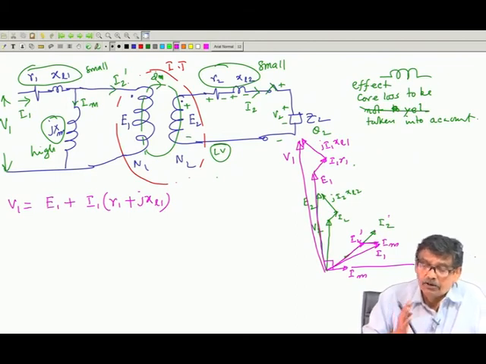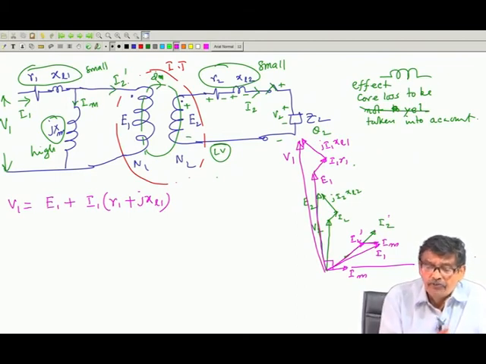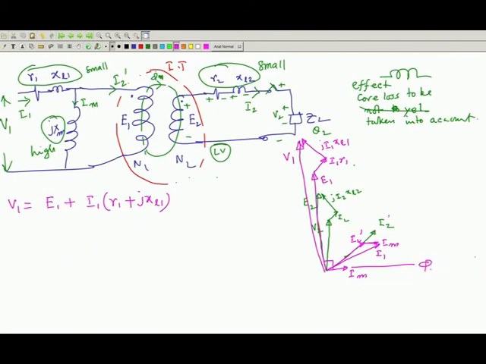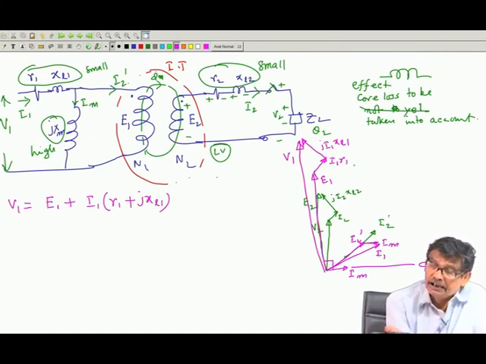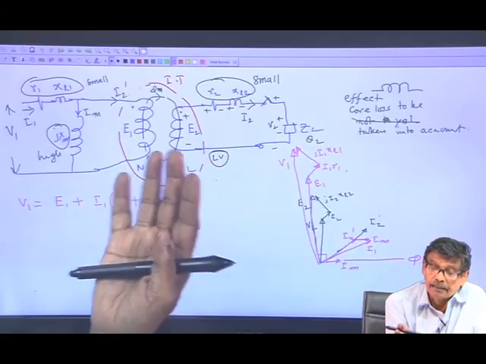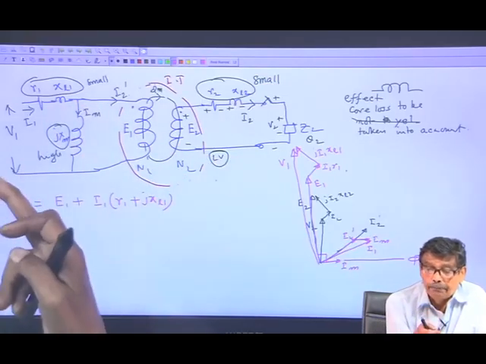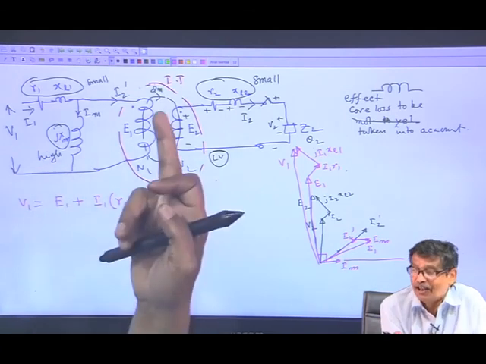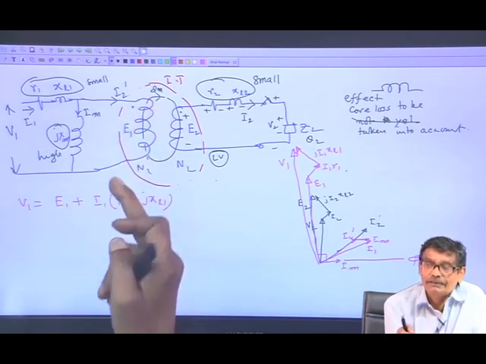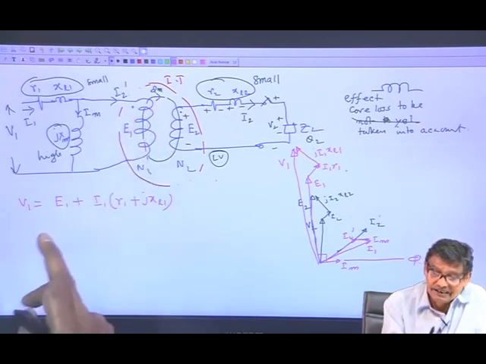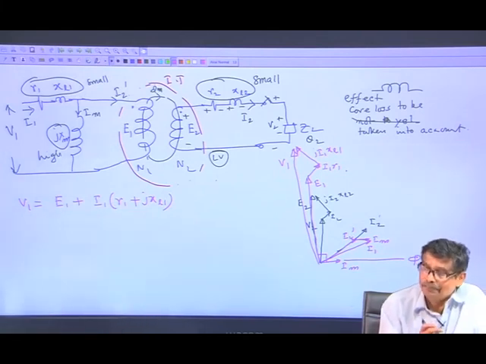See, I can make one comment. So far, I was telling that the moment you apply a certain voltage at a certain frequency, the flux level in the core is decided and that is constant. But when the transformer is operating, when the windings are carrying current, applied voltage is not creating flux. Flux is created by this voltage, and this voltage E1 is V1 minus this drop.